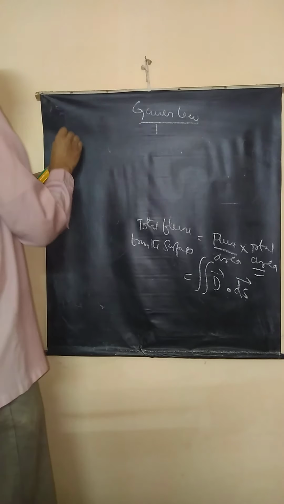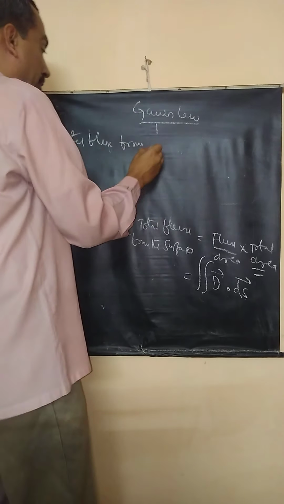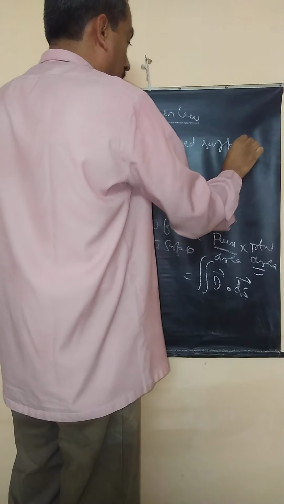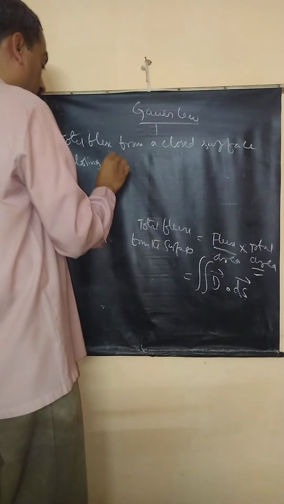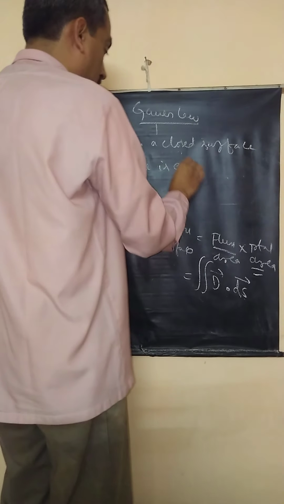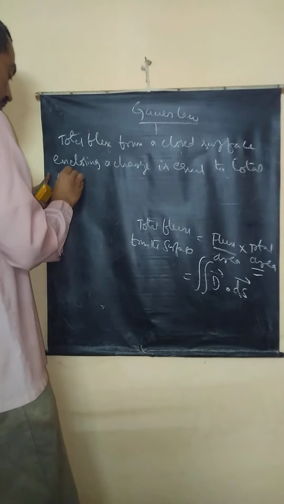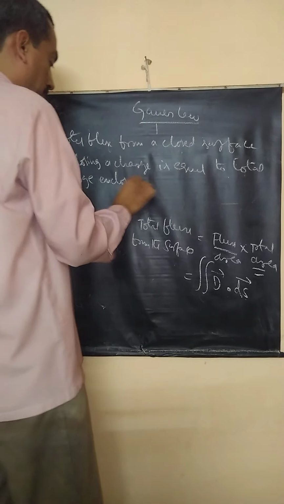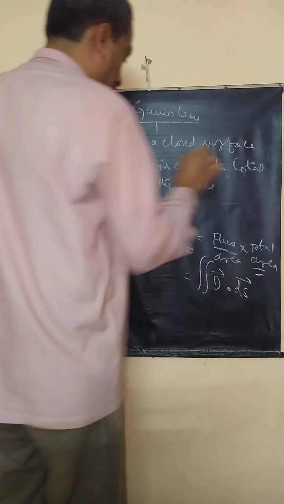It says the total flux from a closed surface enclosing a charge is equal to the total charge enclosed by the surface.